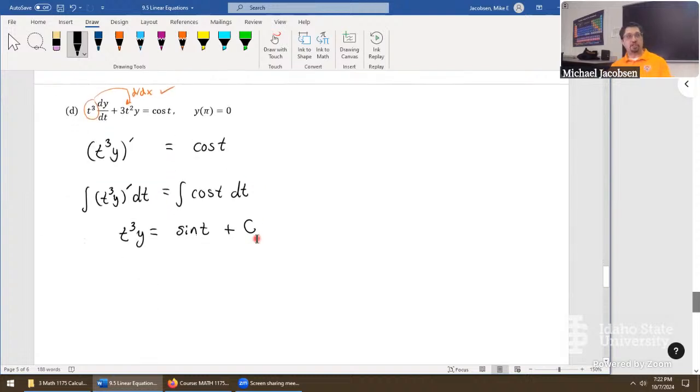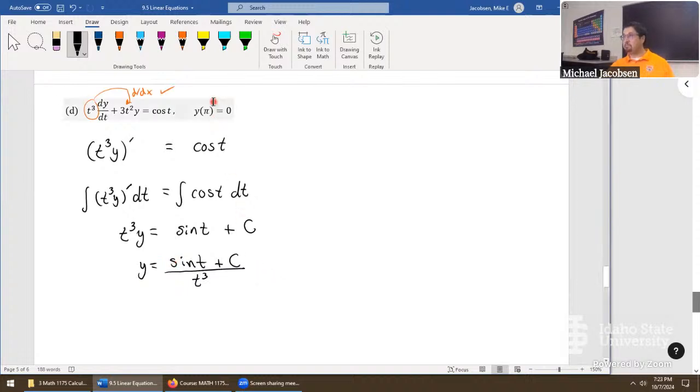And because of a question earlier in class that was asked by Raquel, you could solve for the constant c here, or just solve for y and solve for c later. Let's go that route just to show what it would look like if you prefer that method. So I'm going to divide by t cubed and get y equals sine t plus a constant, divide by t cubed.